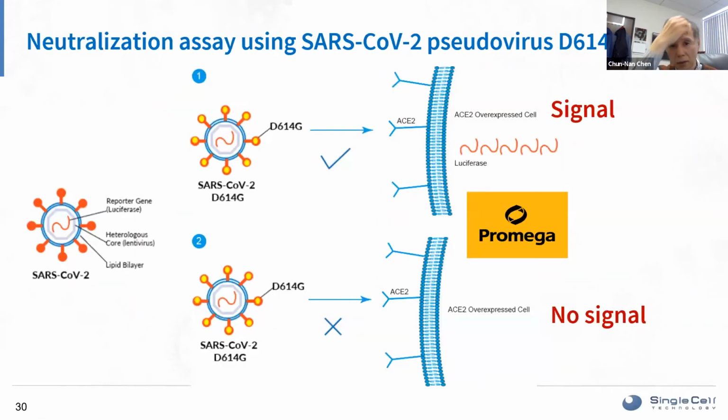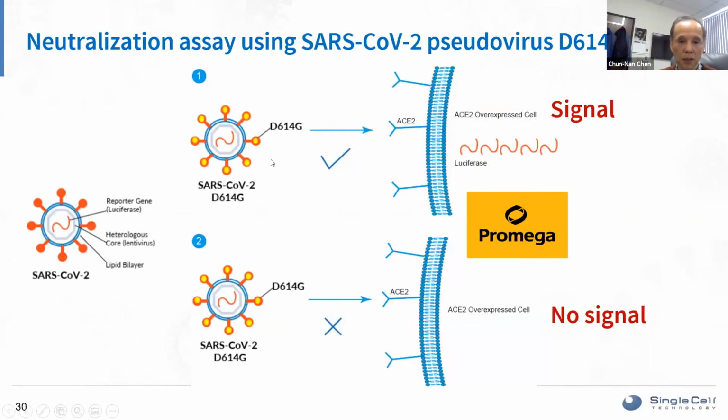So this is the type of assay we did using the pseudovirus that at the time incorporated the D614G mutation. This is one of the earliest variants that shows up. And it's pretty simple.